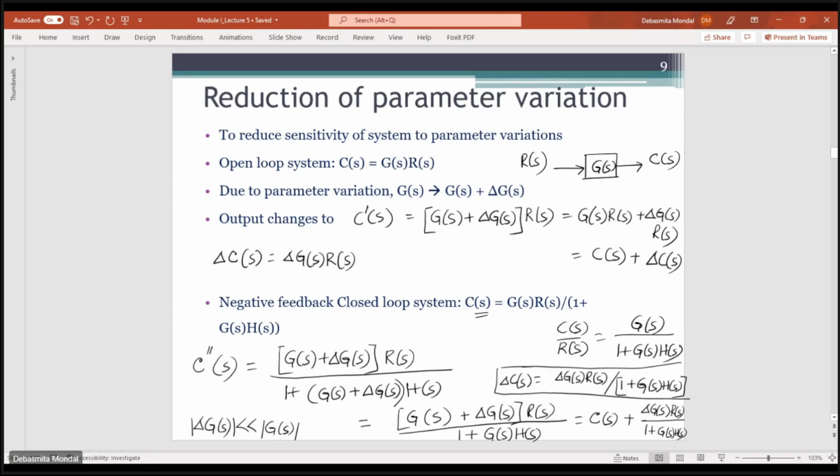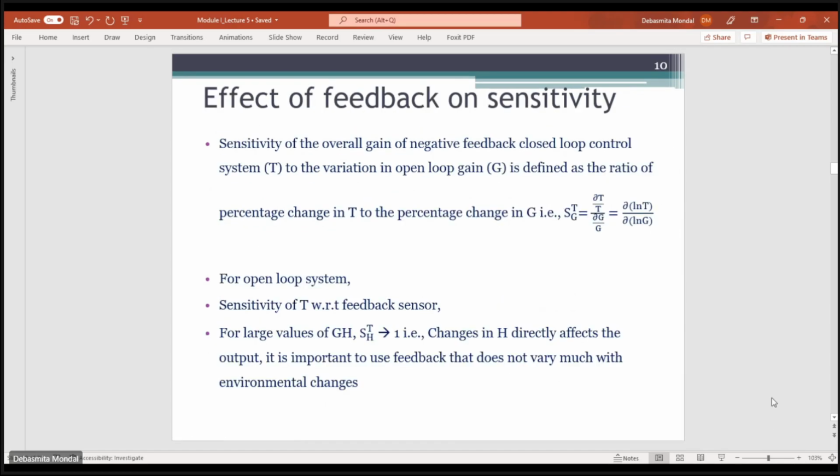So this is one of the advantages of using feedback. Similarly, feedback has its effect on the sensitivity of the system also. Sensitivity means the sensitivity of the overall gain of the negative feedback closed loop control.